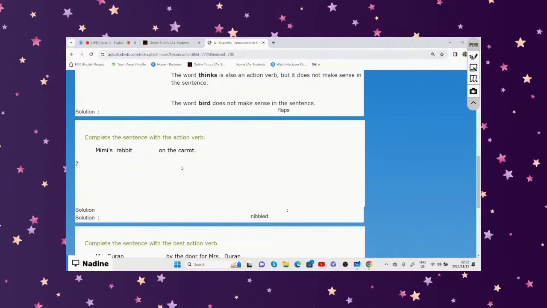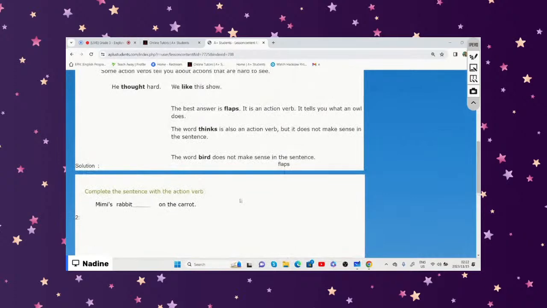Mimi's rabbits, blank, on the carrots. What does Mimi's rabbits do on the carrots? What is another word for eating? Eating, but if your mouth is very small, then what do we call it?